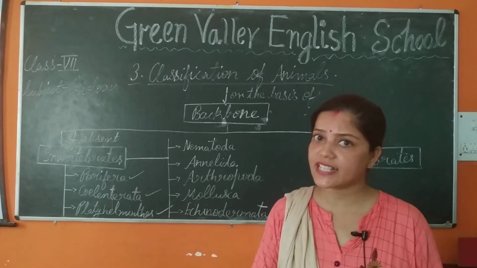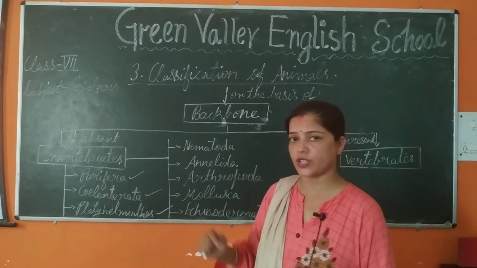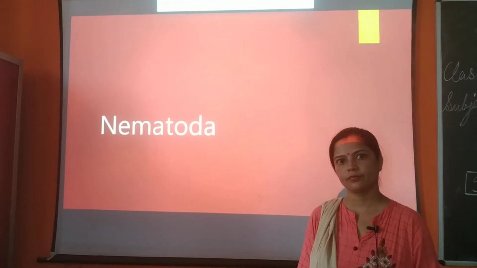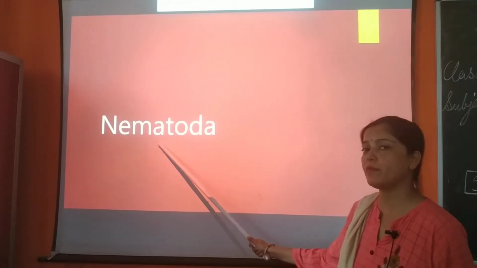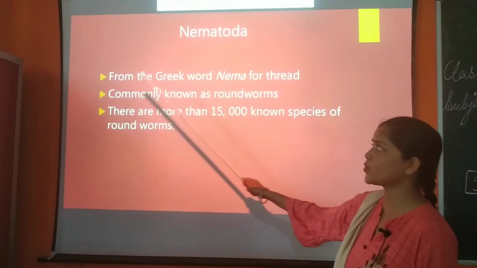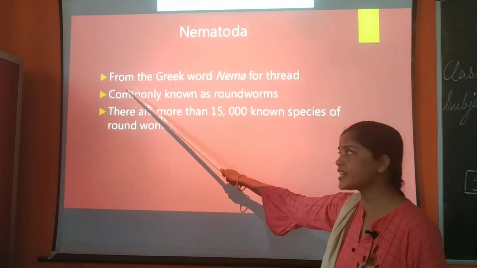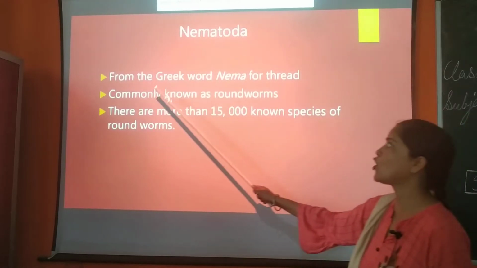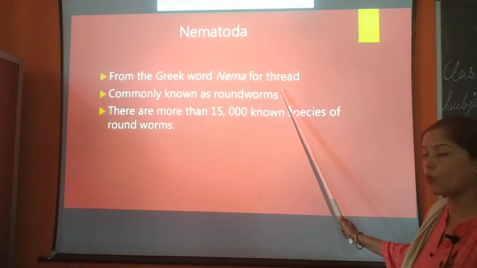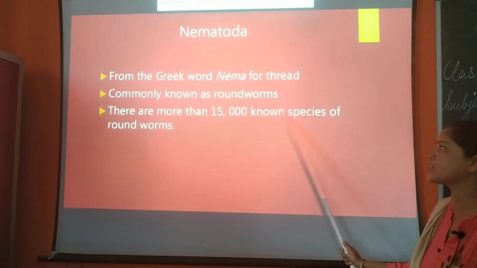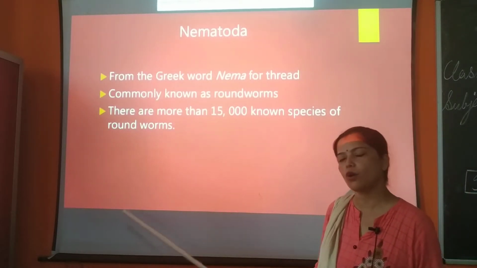Let us understand Nematoda again with the help of the slide. Nematoda has originated from the Greek word nema, meaning thread, and they are commonly known as roundworms. There are more than 15,000 known species of roundworms.